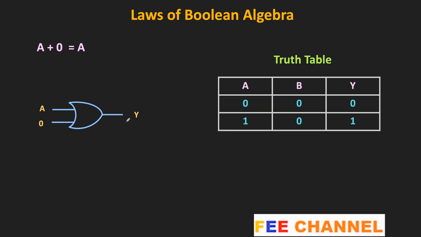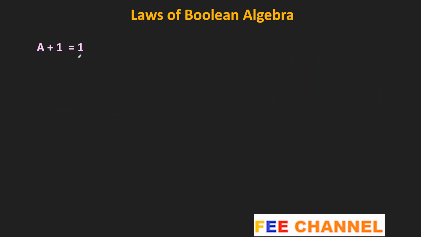When A equals 0, then both inputs are 0, and in that case, the output Y is equal to 0. And when A equals 1, then the output of this OR gate is equal to 1. So, as you can see, this output Y is same as the A. So, we can say that Y equals A. That means A plus 0 equals A.